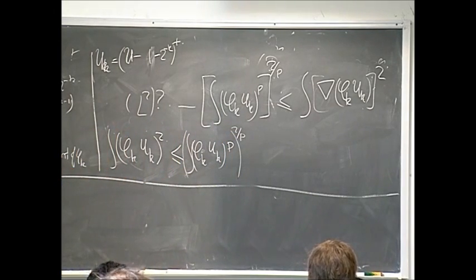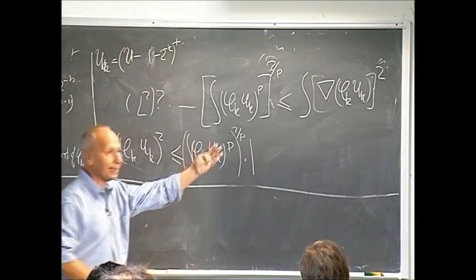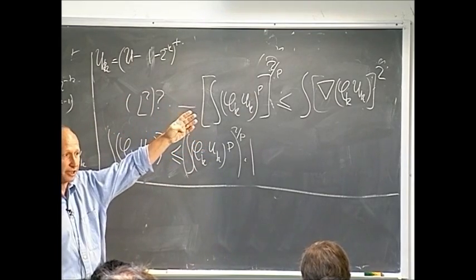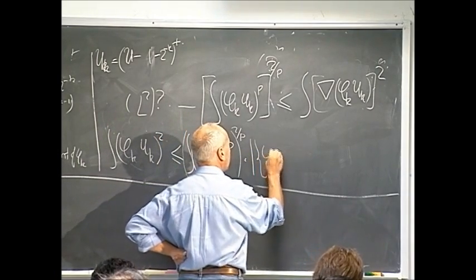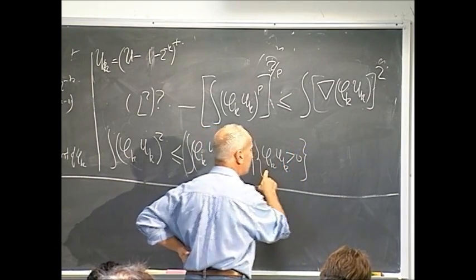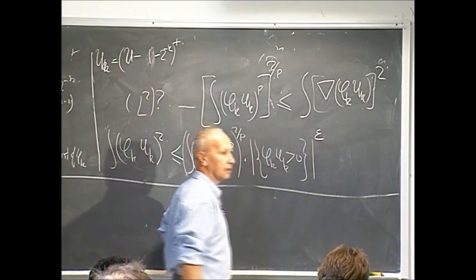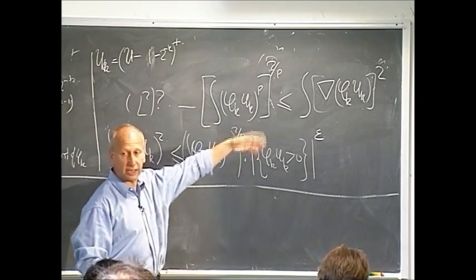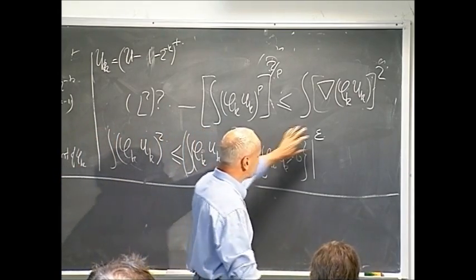Okay, just Hölder, and then I get times the integral of 1 to the conjugate exponent, to the conjugate exponent in the inverse. So basically the bottom line is that here I get the measure of the set where phi k uk is bigger than 0, that is the measure of the support of phi k uk, to some power. Okay, because I have to integrate 1 and then take the conjugate exponent. And the important thing is, p being bigger than 2, I get this little power.